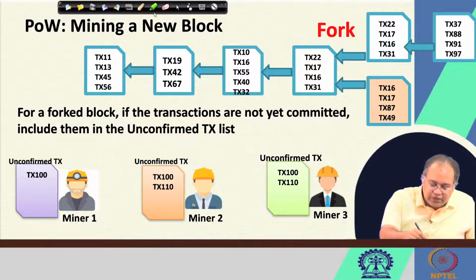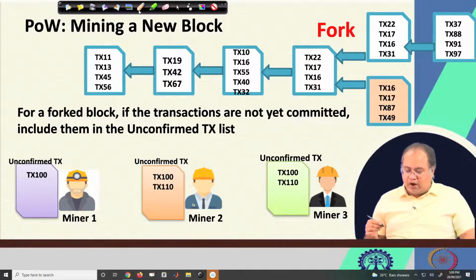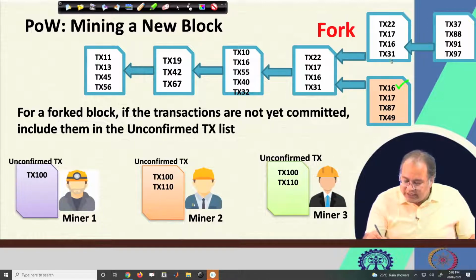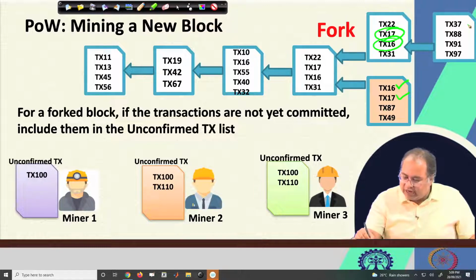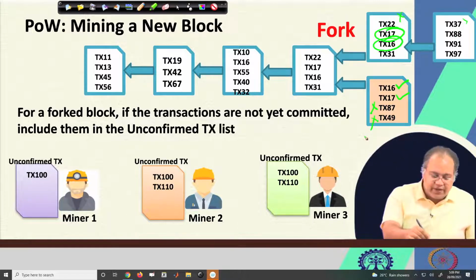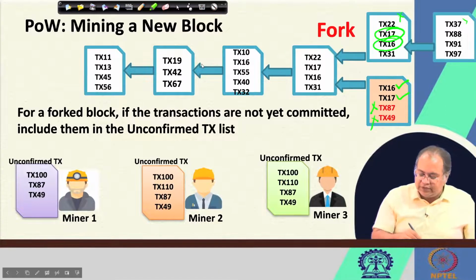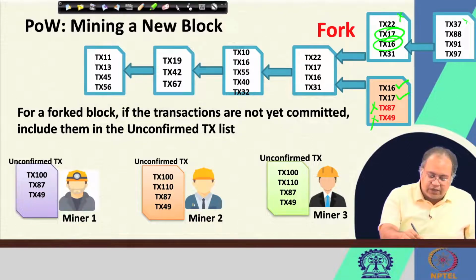If I look into the transactions in this fork block, I can see that transaction 16 is committed here, transaction 17 is committed here, transaction 87 is not here and at the same time not in this block. So, transaction 87 has not been committed. Similarly, transaction 49 is not there in this block, also not there in this block. So, transaction 49 has also not been committed.